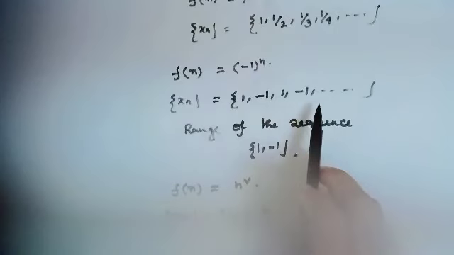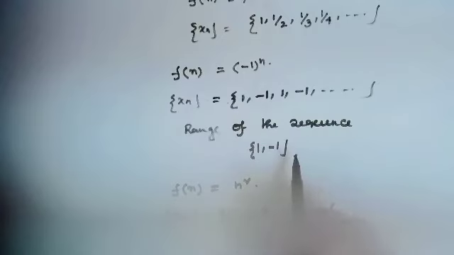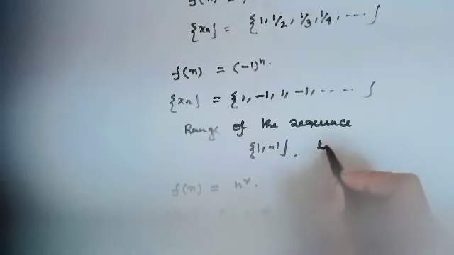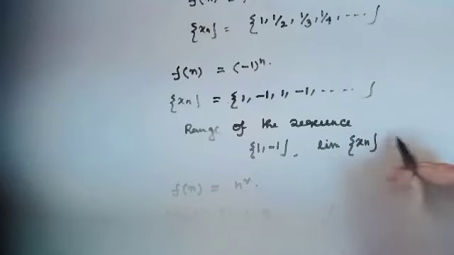What is the limiting value? Here the range of the sequence is plus 1 and minus 1. Here the limit of xn does not exist.